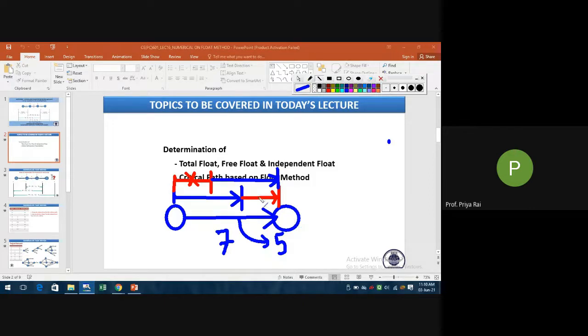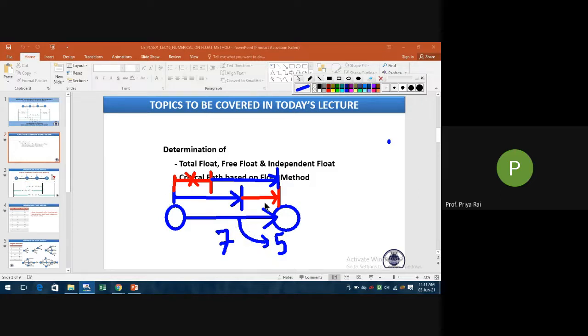So this is also the float. In this case you are delaying the start of the assignment by 2 days, and in the earlier case after completing you are relaxing for 2 days. So it is delay also, it is relaxation also, both the values are the same. So float is nothing but the delay or the relaxation provided to an activity. So this is the funda.